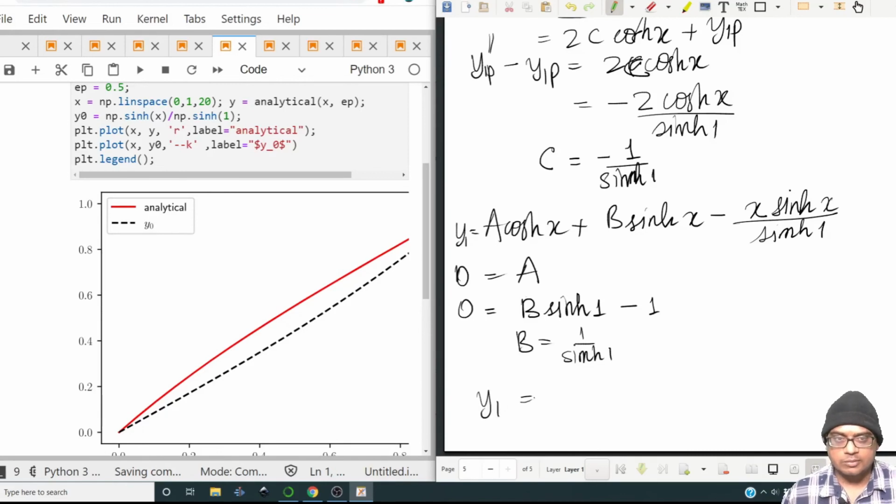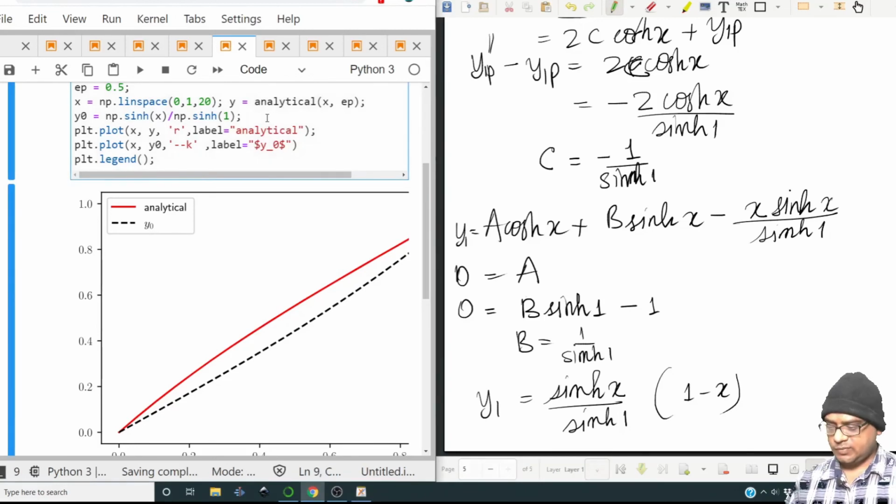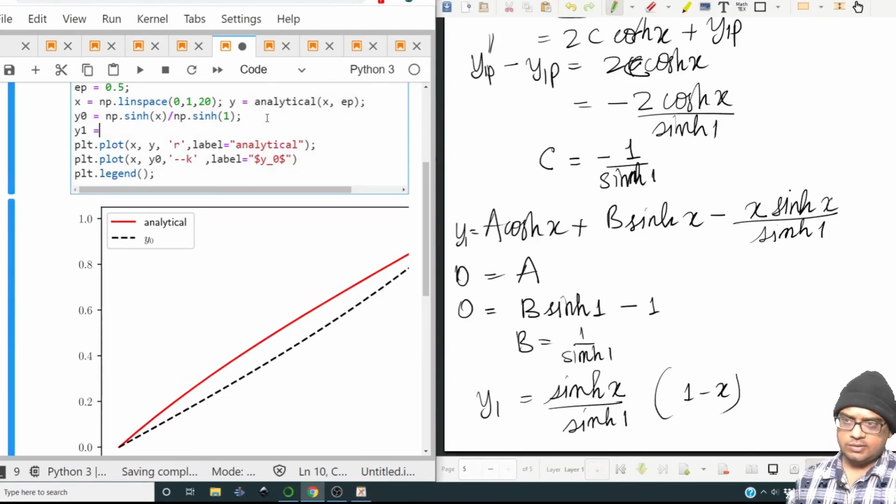So y1 becomes sin h of x upon sin h of 1 times 1 minus x. Whew, a lot of derivation, but yeah. So y1 is equal to 1 minus x times sin h of x divided by sin h of 1.